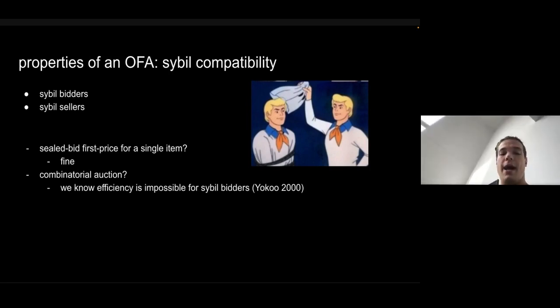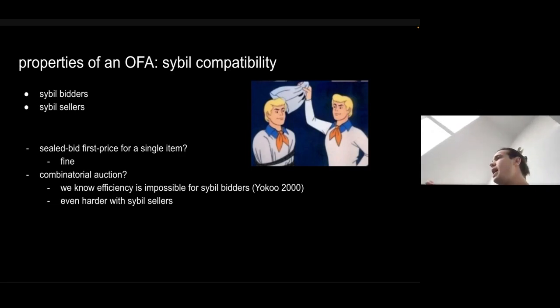One result, for example, is that efficiency is impossible in the presence of Sybil bidders in a combinatorial auction. That's not what we said we care about; what we said we care about is revenue maximization, so it's not a direct result. But what this result shows is that in the presence of Sybil bidders, it's more complicated to run this auction, and we can't get the same guarantees.